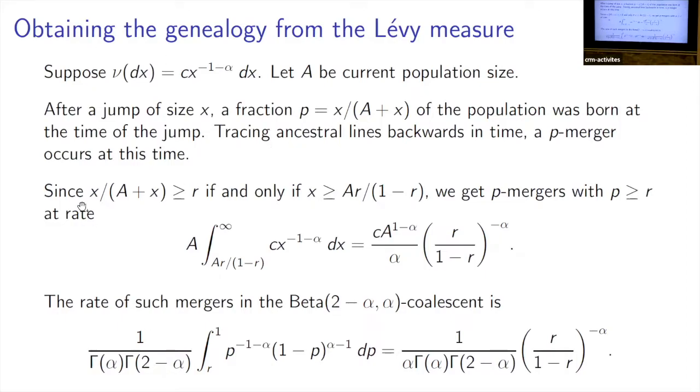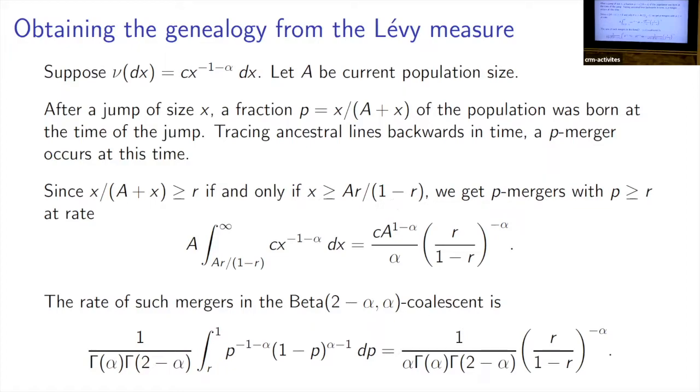Now notice that x over A plus x is greater than or equal to r if and only if x is greater than or equal to A times r over 1 minus r. And so we get p-mergers with p greater than or equal to r whenever there is a jump in the continuous state branching process of size greater than A times r over 1 minus r.